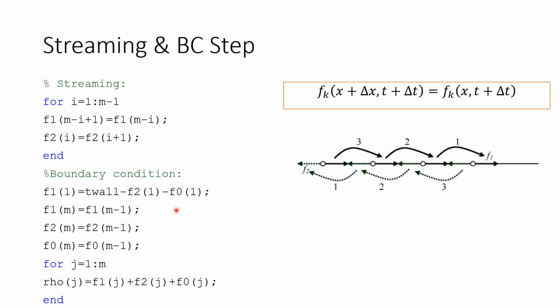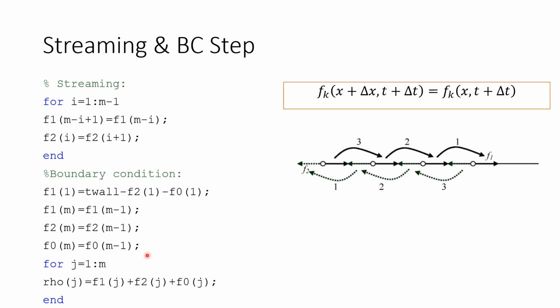And then for the boundary condition, we know that at one end we're going to have T wall, which is a constant temperature heat source. So that will be in lattice number 1, and then at lattice M, or the lattice at the very end, we would have this bounce back boundary condition.